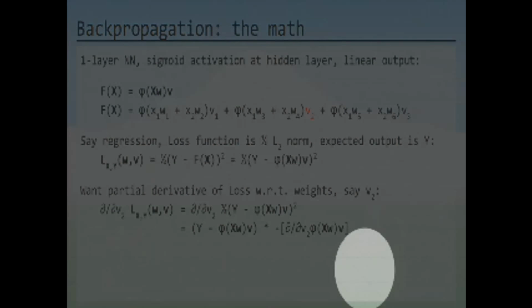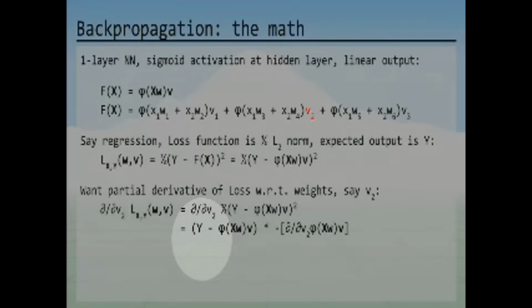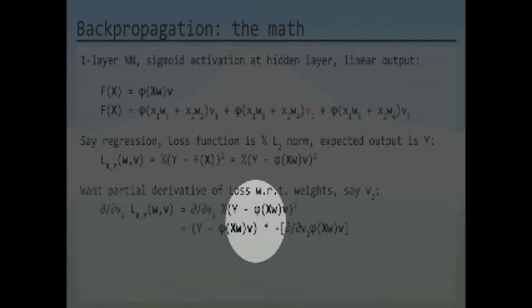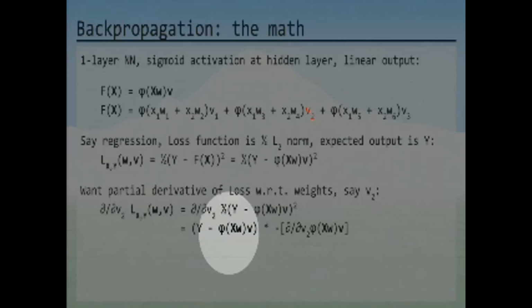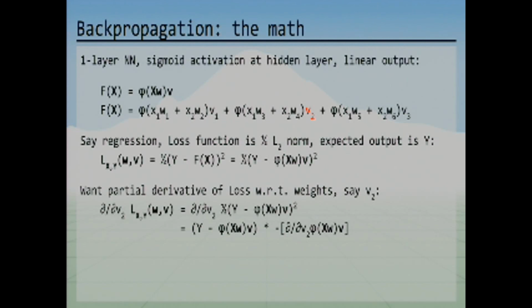And then we take the gradient of the inside of this loss function. So we end up with y minus this term here, which is just f of x, the prediction of our model, times the negative partial derivative of the prediction of our model with respect to v2.